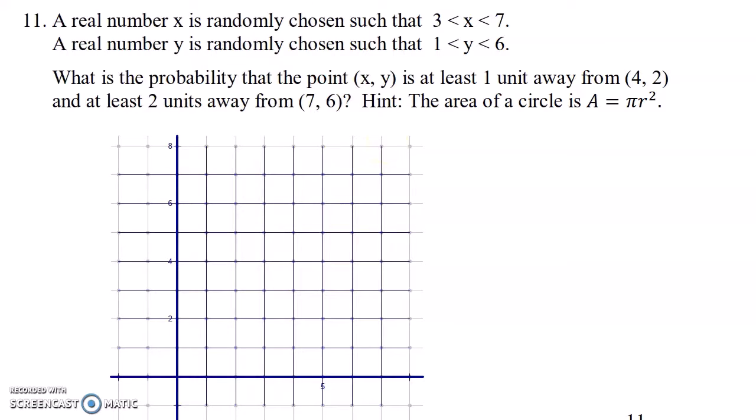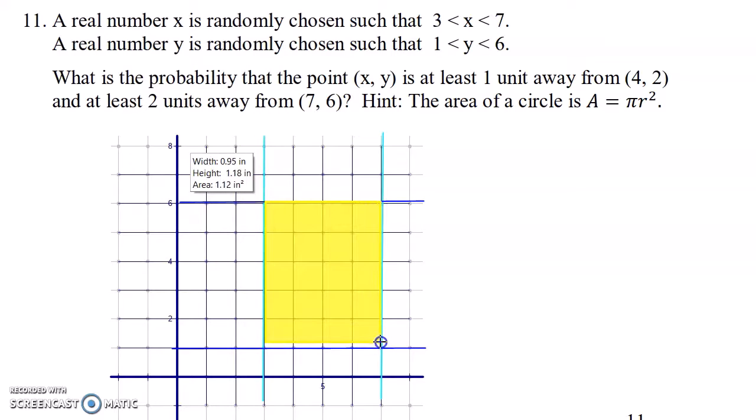A real number x is chosen randomly such that x will be bigger than 3 but smaller than 7. And y will be greater than 1 but smaller than 6. A quadrilateral, whose shape is that?